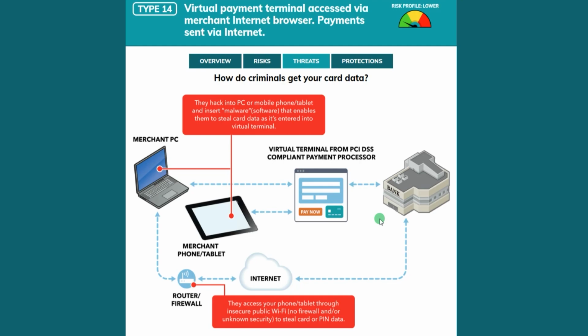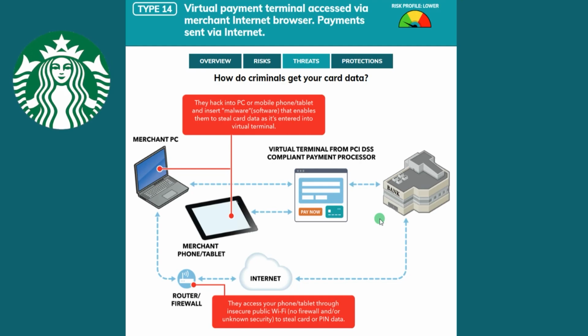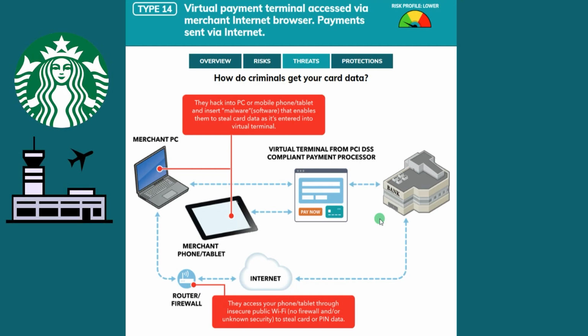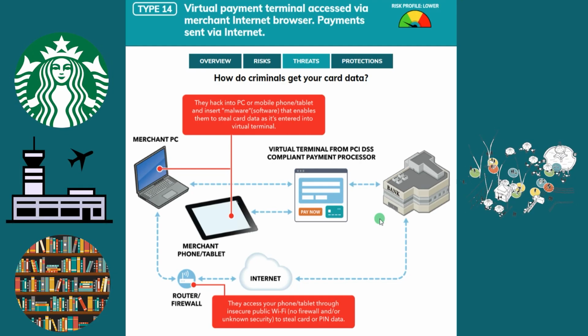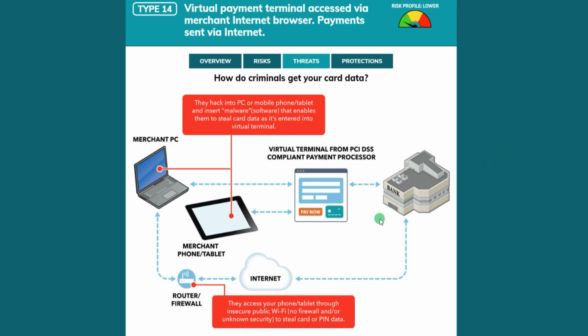Just take some time and skilled hackers can get into it. So if you are connected to public Wi-Fi, Starbucks, airports, libraries, public places, those public Wi-Fis are a big no-no for anything. If you really have no other option, then that might be the last resort, but no to public Wi-Fis.